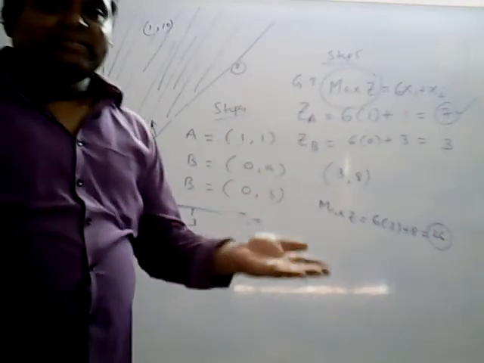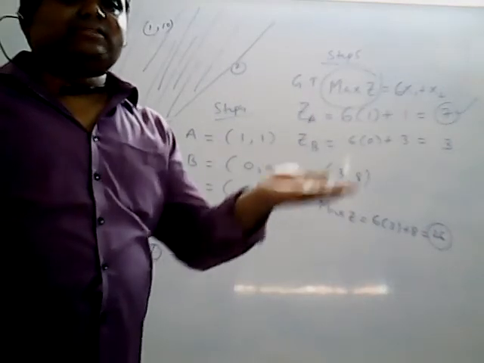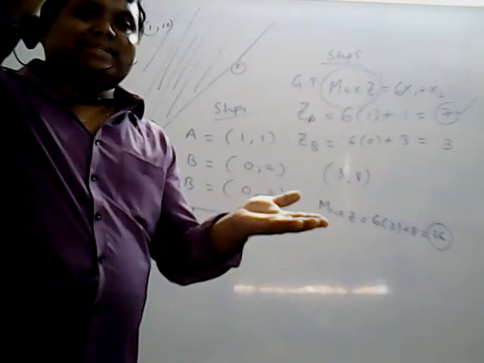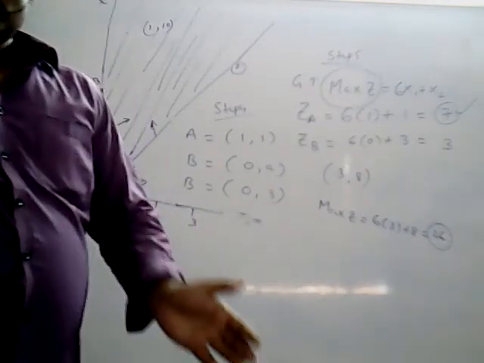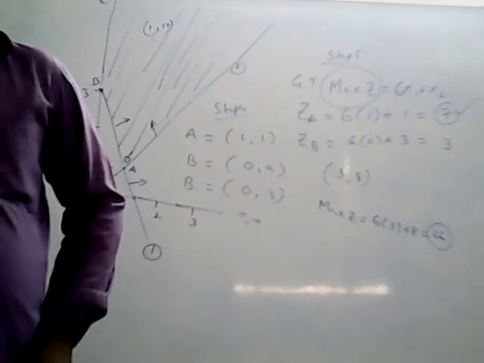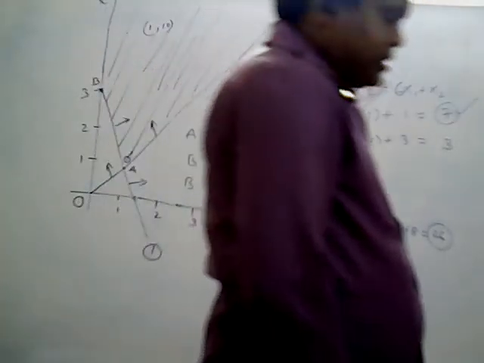And that means if the values of the decision variables increase, obviously the objective function value also increases. Therefore, the given LPP has an unbounded solution.